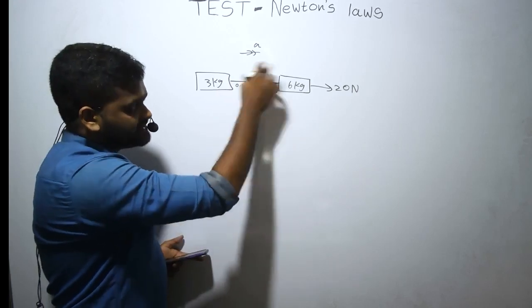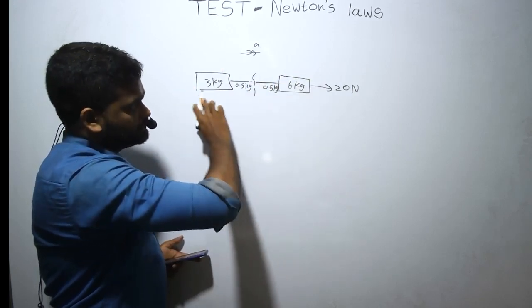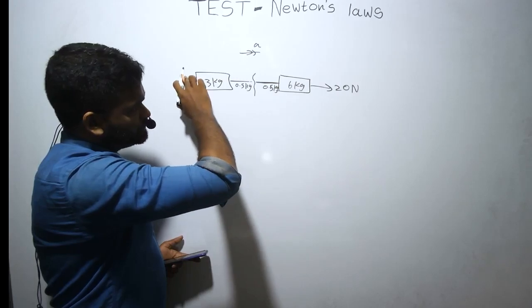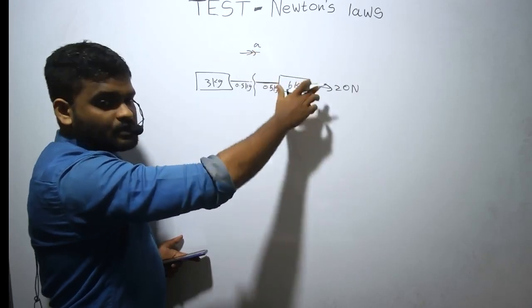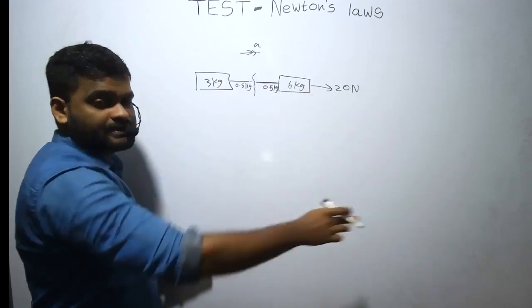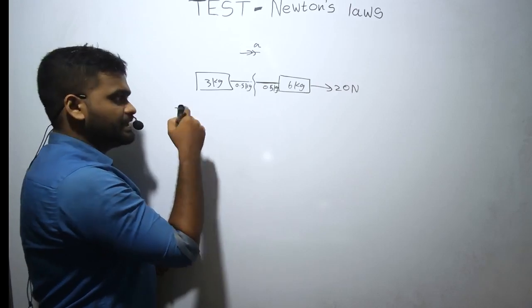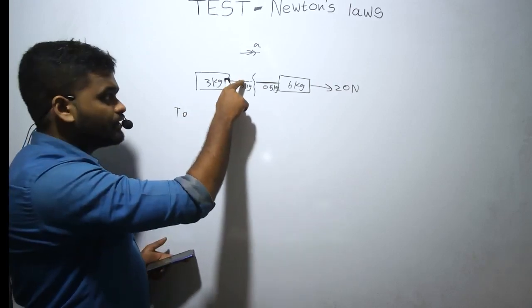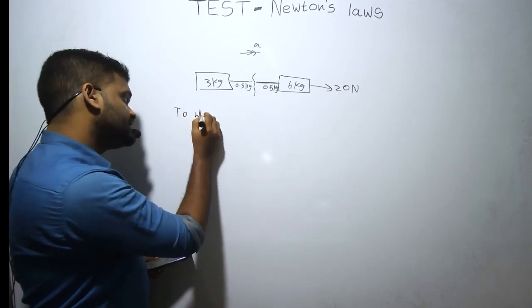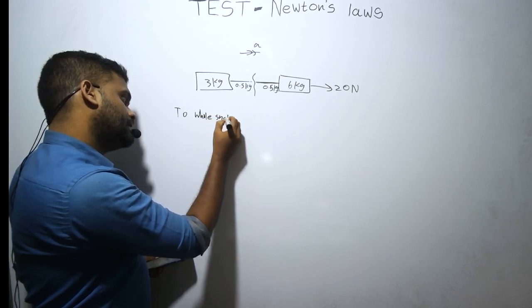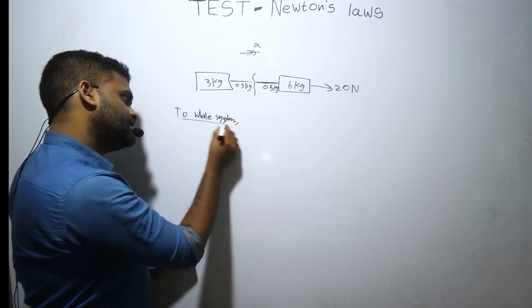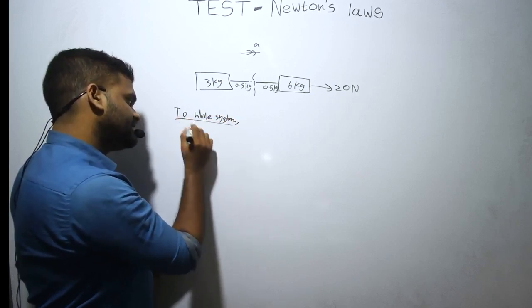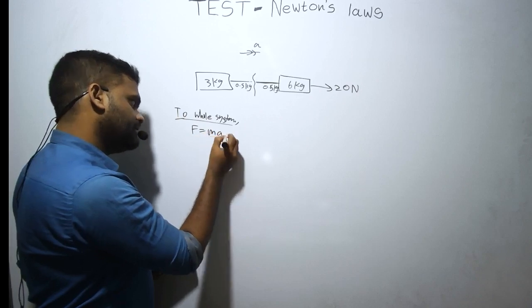But to find the acceleration of the system, you apply the equation to the whole system. First, let's find the acceleration, then I'll explain how to find the tension. That's why it is important defining these. To the whole system, just apply F equals ma.